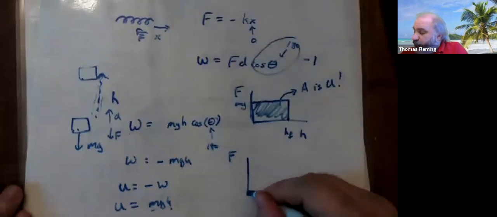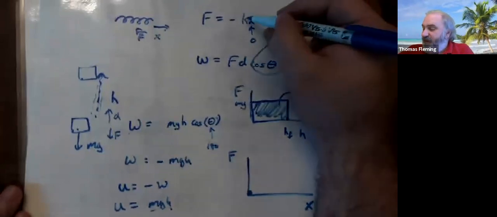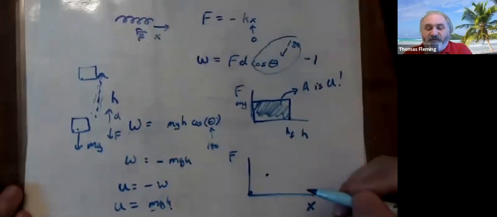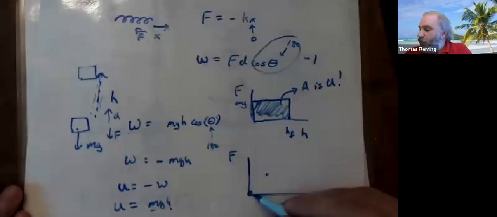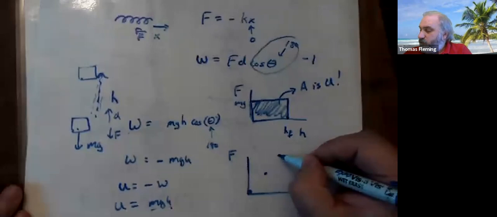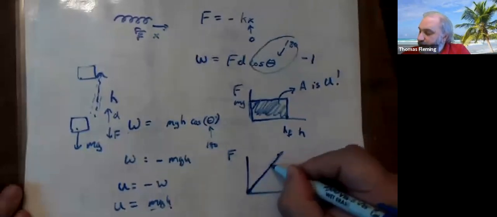So 0, 0 is going to be 1 point. Now, if I move 1 meter and stretch it out 1 meter, the force is going to be 1 times k. So if I go over 1, I'm going to go up by however much k is. If I go twice as far over, I'll go twice as high. What that means is that I'm going to get a straight line.